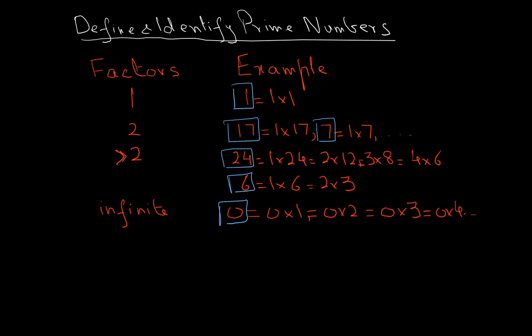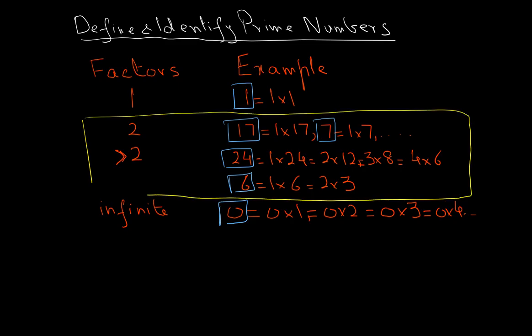The number 1, which has only one factor, and the number 0, which has infinitely many factors, are in general not interesting. But these two categories, which have either exactly two factors or finitely many factors greater than two, are very interesting.